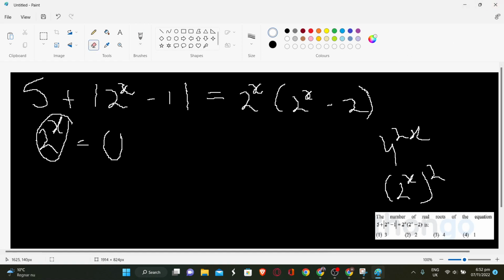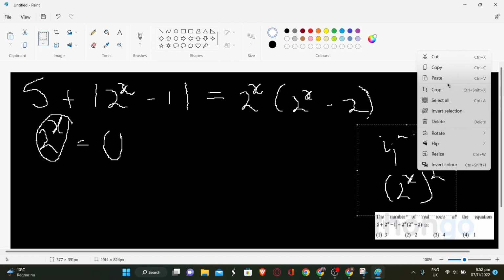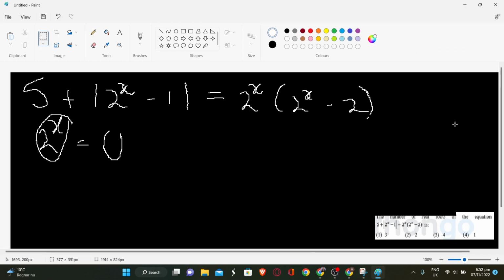I'm just going to get rid of this part, because I don't want it to bother us. Delete. Anyway, leave that question on. As I was saying, 2 to the power x is equal to u.